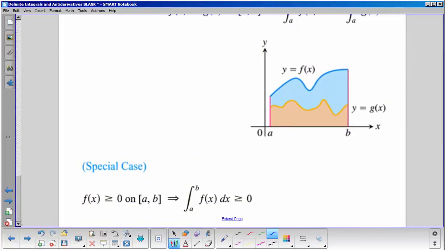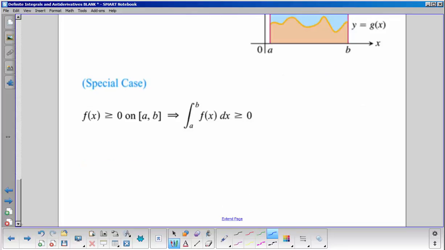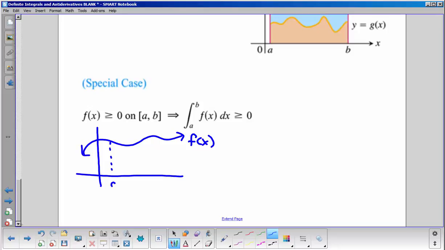Special case. Now, why would I talk about this? What's g in this case? 0. So let's draw a picture for that. What would happen here? We'd have some f of x greater than 0, right? There it is. There's my f of x greater than 0. And I'm going to go from a to b.